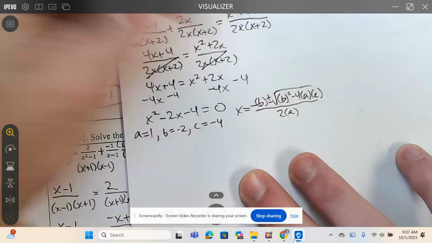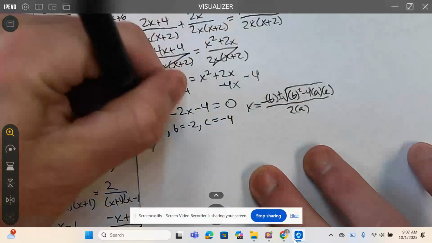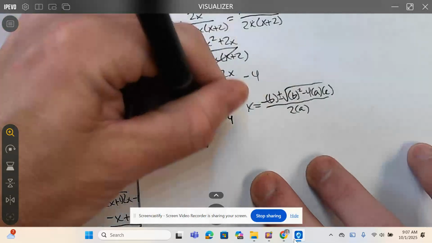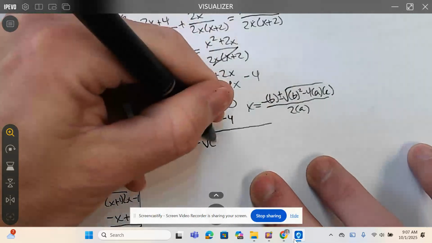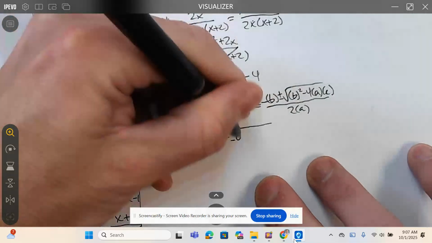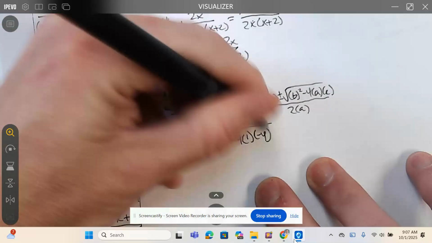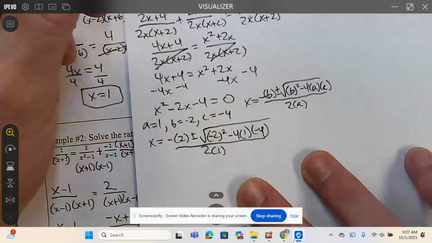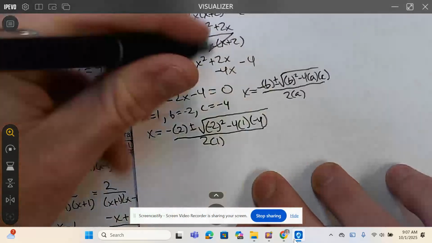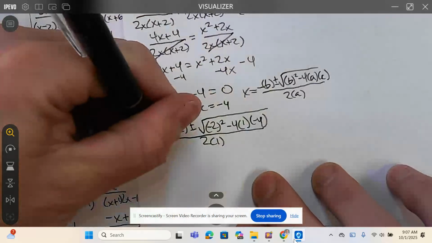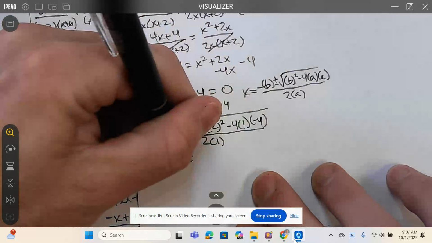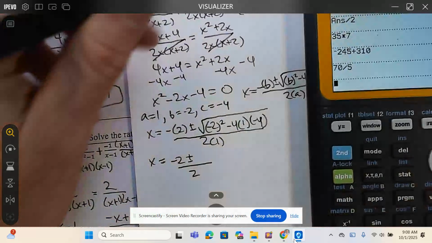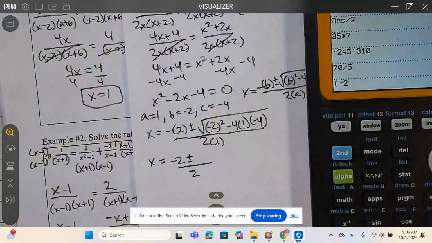Just going to write down the quadratic formula. So x equals negative b plus or minus the square root of b squared minus 4ac all over 2a. Negative 2, 2. It's going to be an irrational answer.